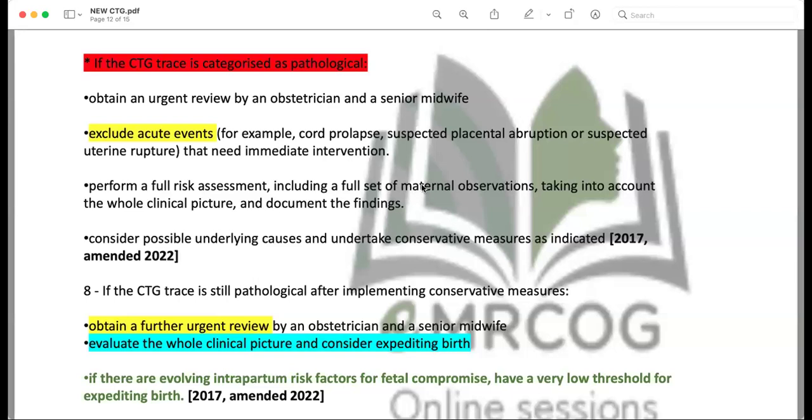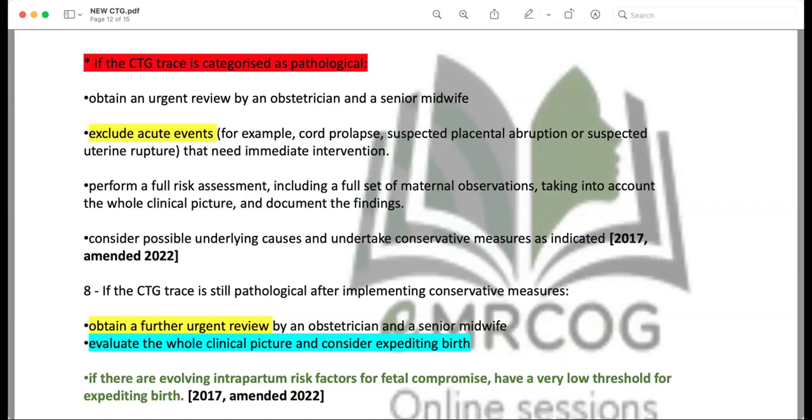Include a full set of maternal observation, taking into account the whole clinical picture and document findings. Consider possible underlying causes and undertake conservative management as indicated. If the CTG is still pathological after implementing conservative management, obtain a further urgent review, evaluate the whole clinical picture, and consider expediting birth.